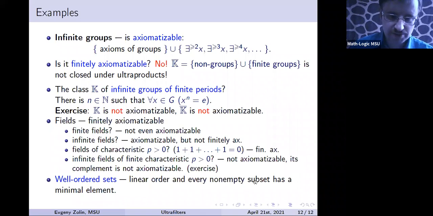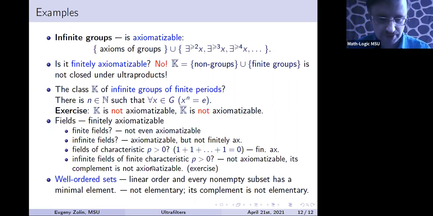For every non-empty subset, we need a quantifier over subsets. It is not a definition by a first-order formula. So we can suspect that this is not an axiomatizable class. And indeed, it is not axiomatizable. It is not elementary, and its complement is not elementary.